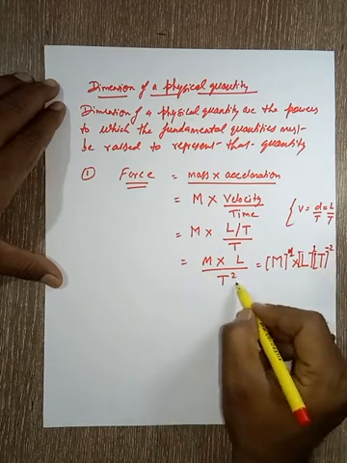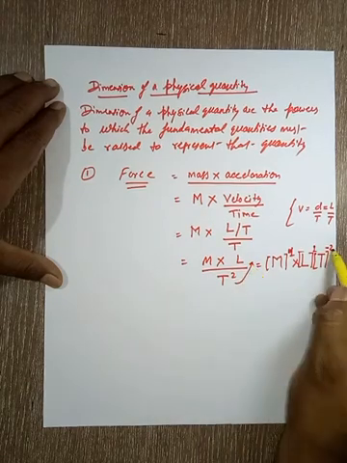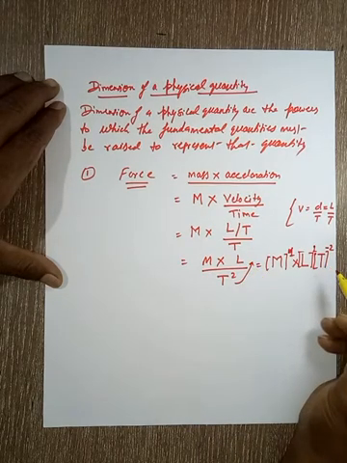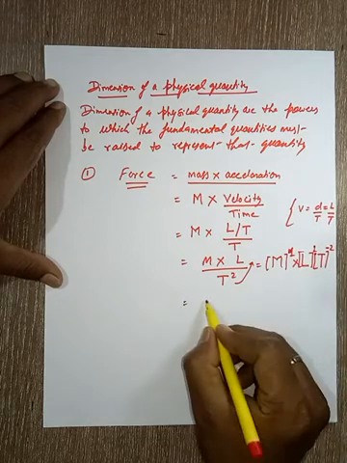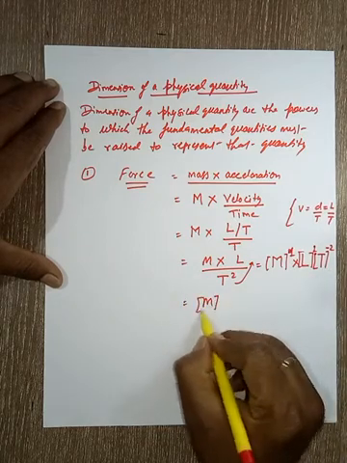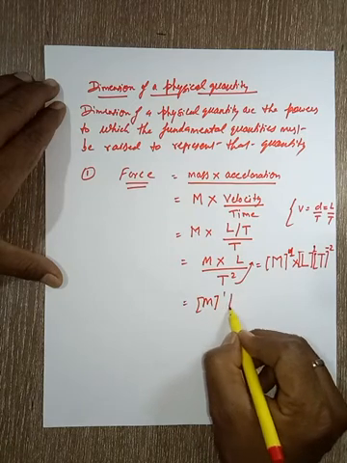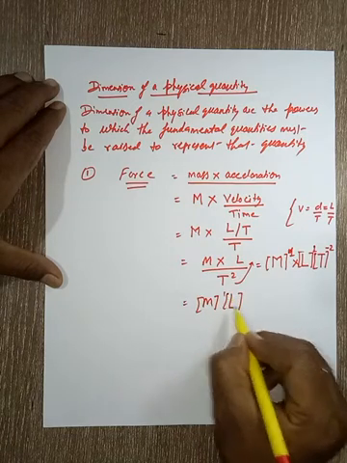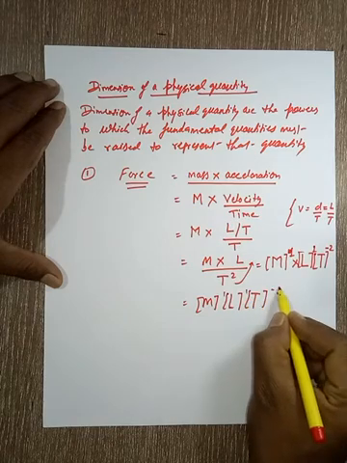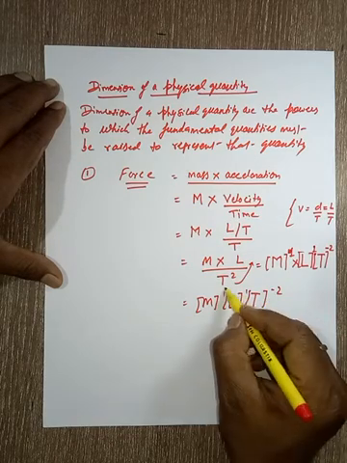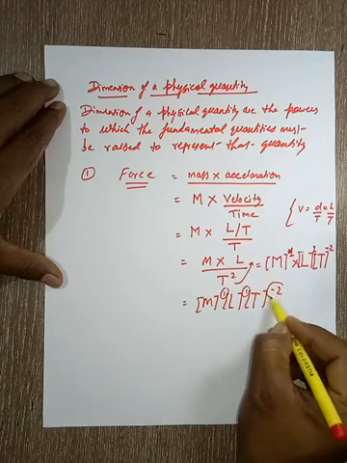When we take it in the numerator, it will become minus 2. Clear with M, L and T minus 2. So these are the powers about which we are talking.